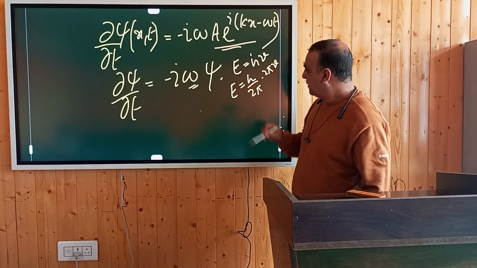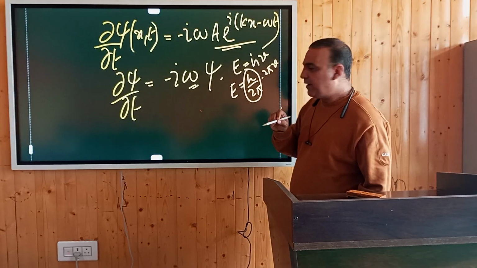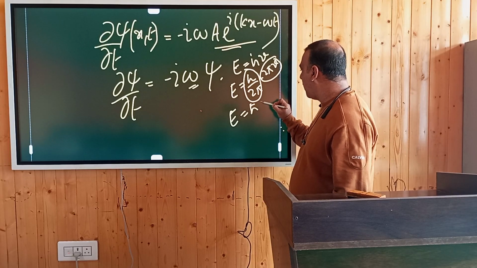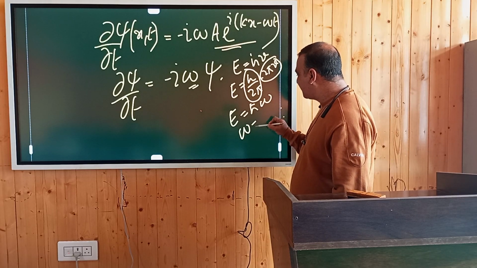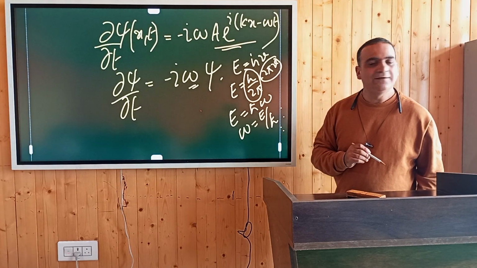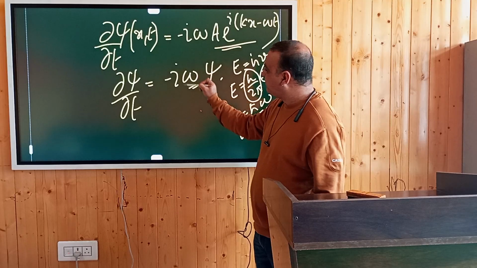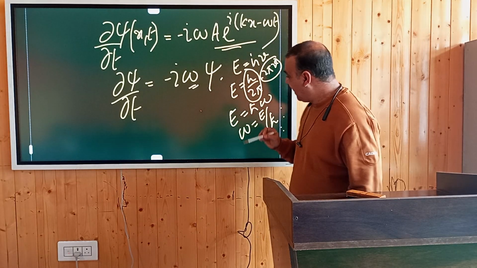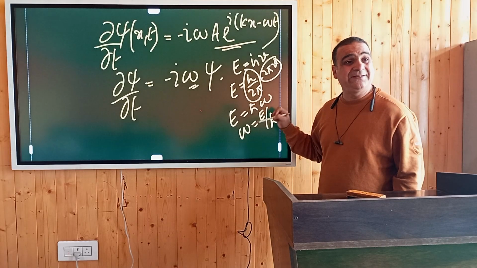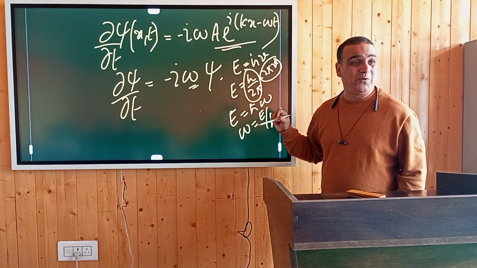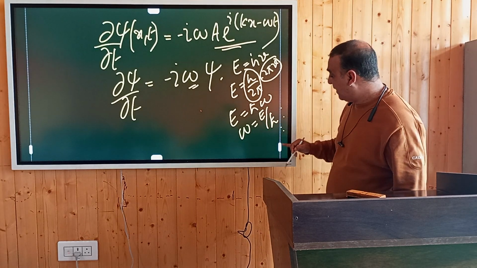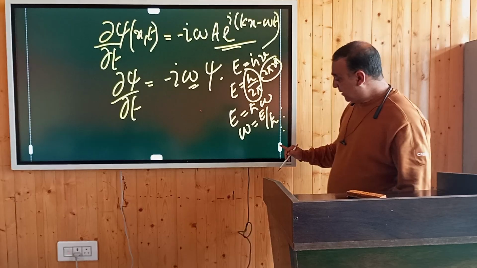So this is my h bar, and this is my omega. So E is h bar omega. So this omega is going to be E by h bar. Are you getting it? So here, instead of omega, I would like to write E. But this E is my operator. This is my energy operator. It's acting on the state, it's acting on this eigenfunction psi. Are you getting it? Okay.